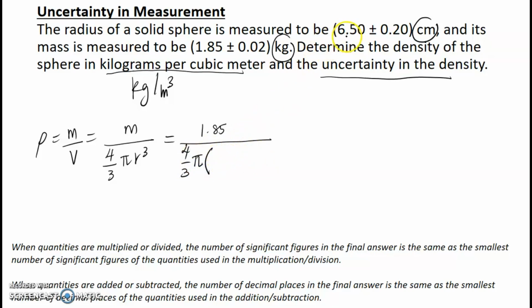The radius, as you recall, is in cm, so we need to change to meter. 6.50 times 10 to the power of negative 2, and then we give power of 3 to the radius. The density is equal to 1608.211077 kilogram per meter cube.